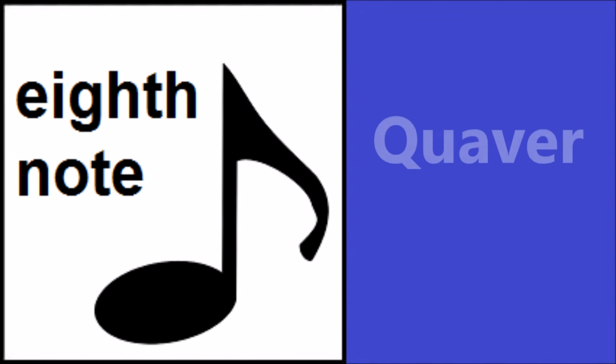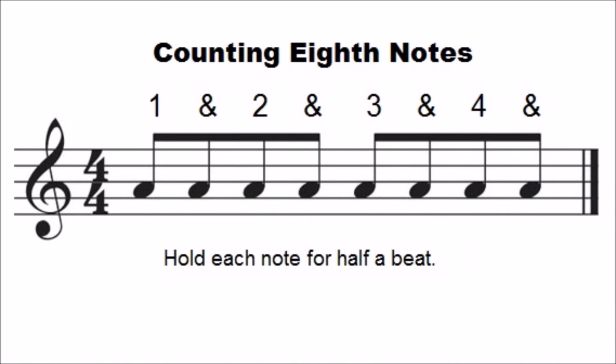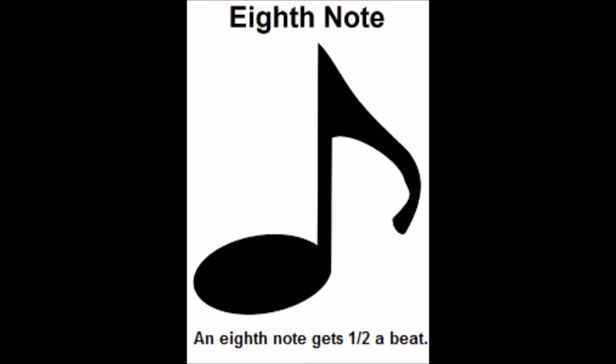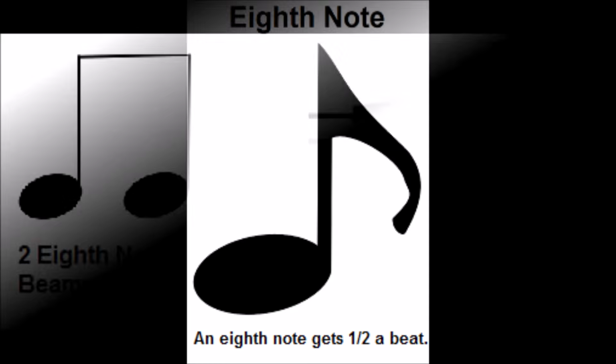The eighth note is also called a quaver. It has a value of half. It receives half a beat or count. It looks like a quarter note, except that a tail or flag has been added to it.